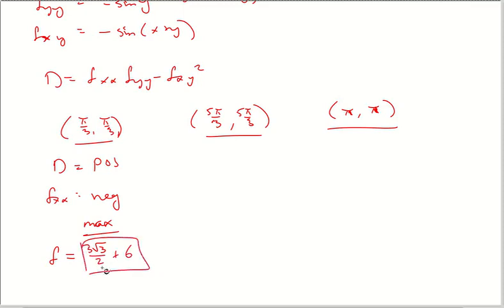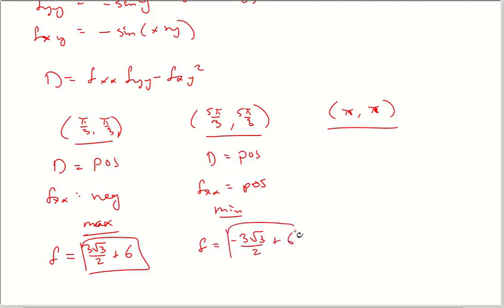That's going to be the value that we'll be using here in a minute. For this guy, d ends up being a positive. I have to check my double x. He also is now a positive. Therefore, we actually have a minimum on our hands here. When I go back and plug this into the original, I get negative 3 square root 3 over 2 plus the 6. So there's my minimum value.